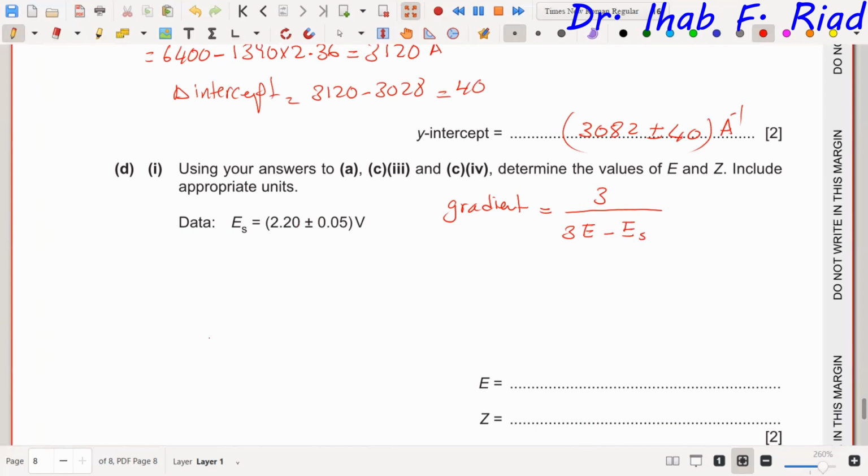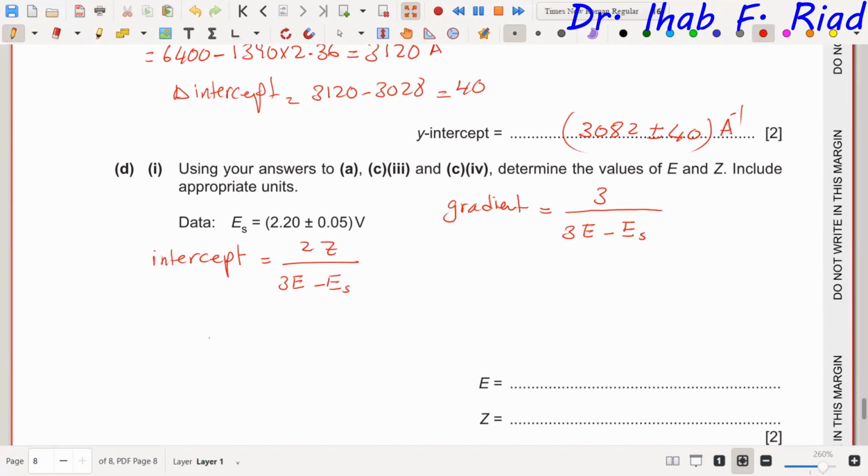Okay? Yes. And we have the intercept, which is also in terms of 3E minus ES. Okay.